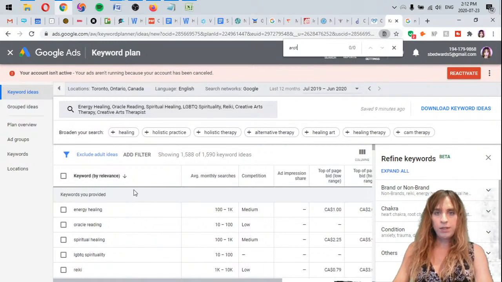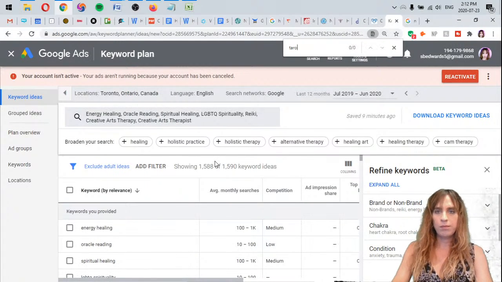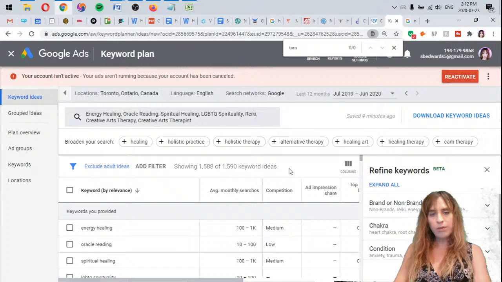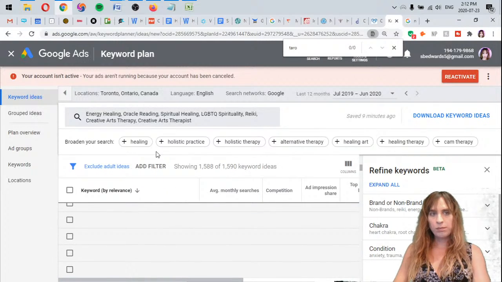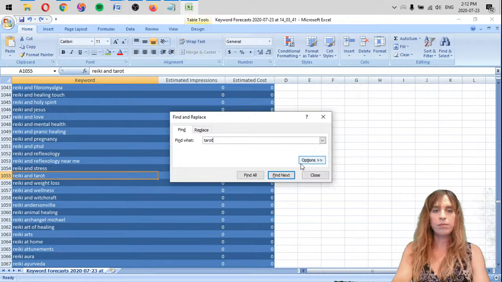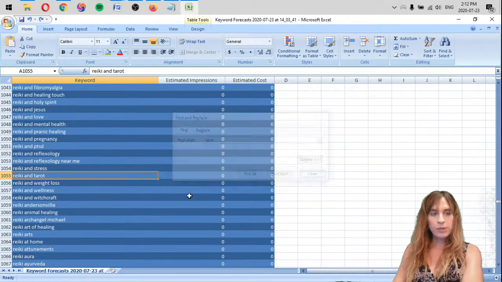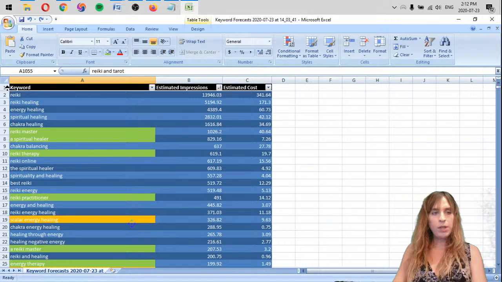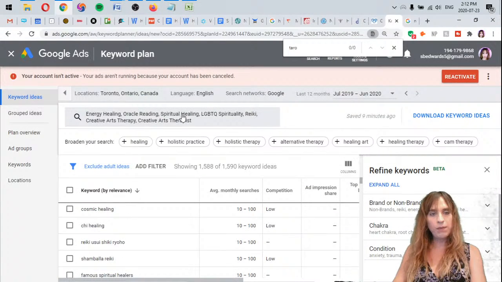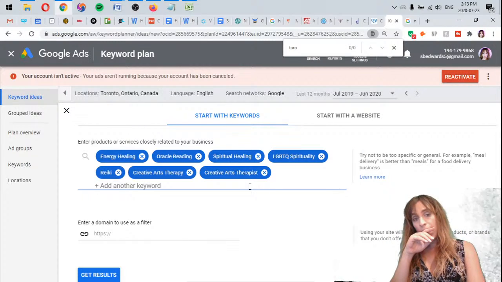Let's see. None whatsoever. Let's see. Okay, so one keyword in there with 0 searches. I have a hard time believing that's true. So let me try and run this search again. Oh, you know what happens?